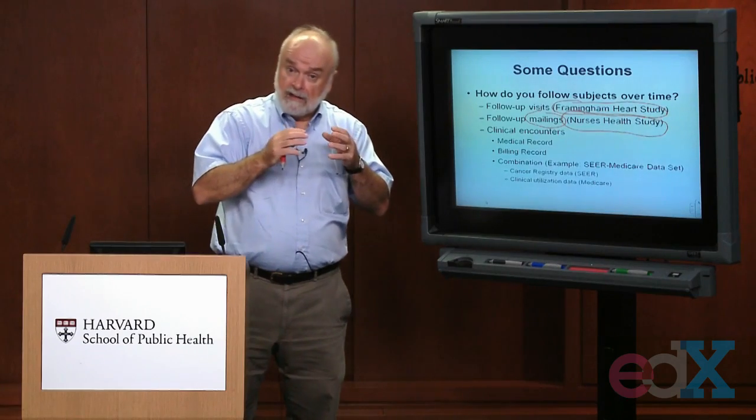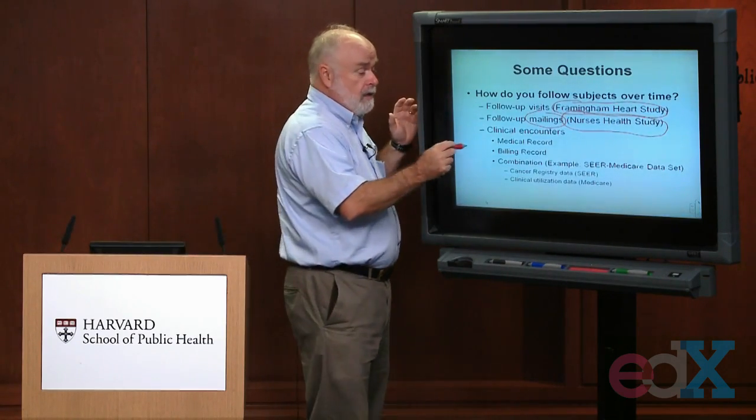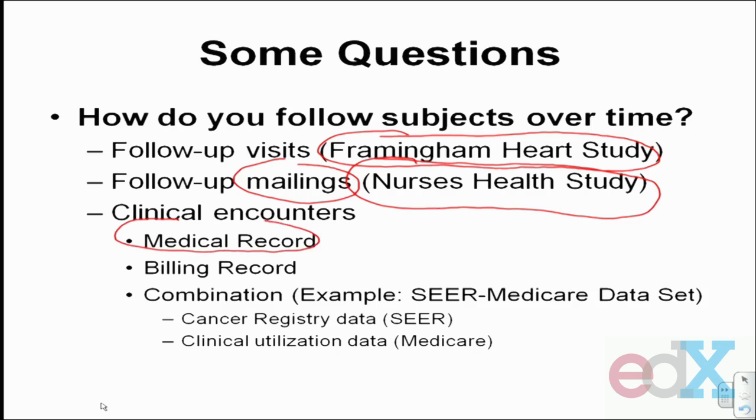How many times you saw your doctor, how many times you might have visited an emergency room, how many times you were admitted to a hospital, the diagnoses that were made, the risk factors that were recorded. So in today's era, we might have medical record information on large numbers of people based on clinical encounters. And we can follow people over time by just looking at their electronic medical records.